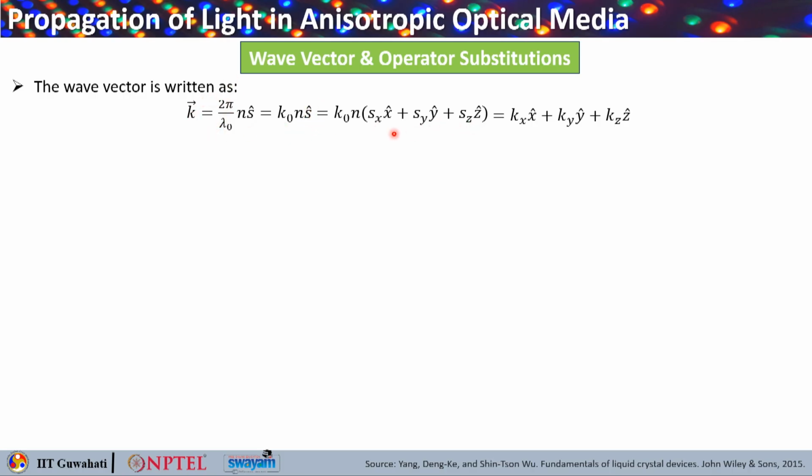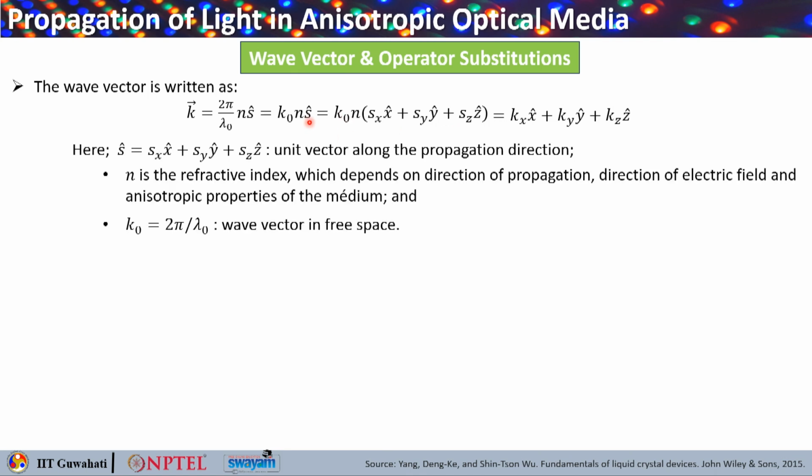S cap is the direction of wave propagation, okay, or the Poynting vector. So this is basically the unit vector along the propagation direction, as you see it's mentioned here. So when you do this, you will get kx x cap plus ky y cap plus kz z cap. What is n?